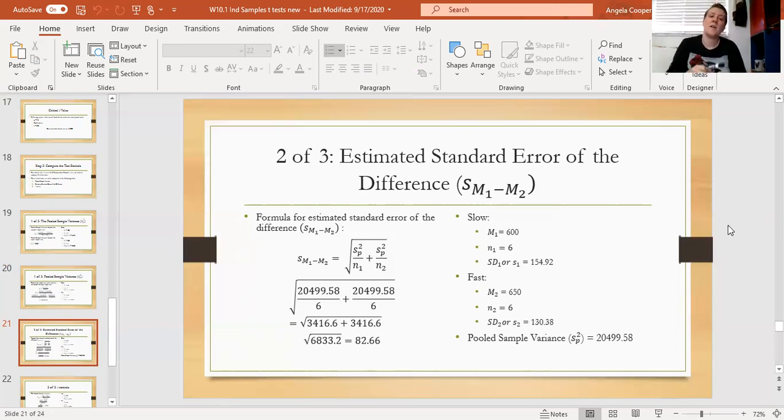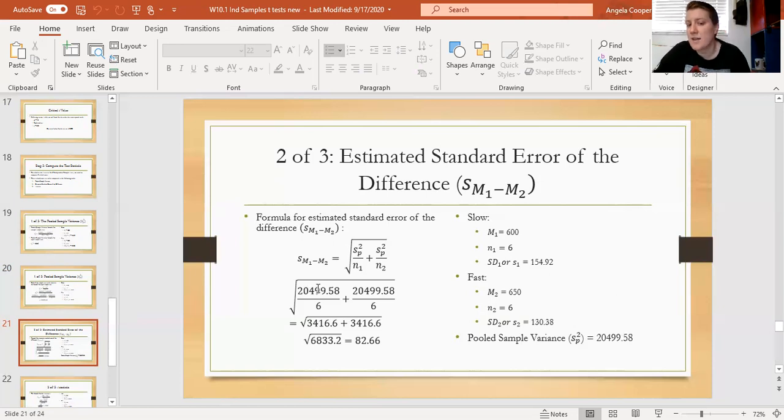Here it is. The formula for the estimated standard error of the difference is the square root of the pooled sample variance divided by the first sample size plus the pooled sample variance divided by the second sample size. I have it written over here just to keep us all on track. The pooled sample variance, what we just calculated in the first step of finding the t-score, we got that to be 20,499.58.